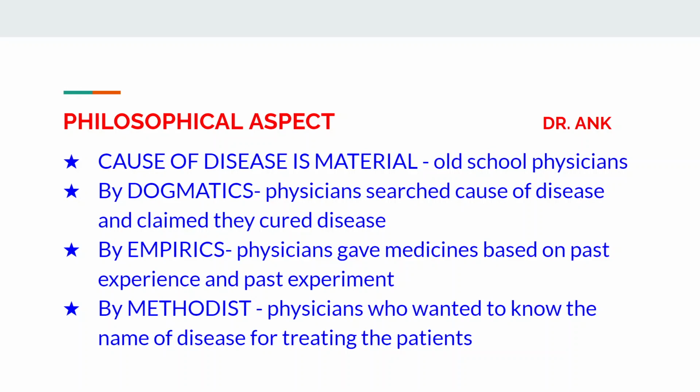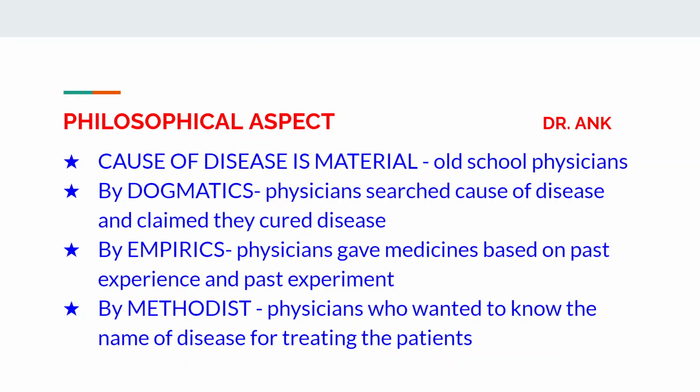Cause of disease is material. Old school physicians strongly believed that the cause of disease is material. Material means that the faulty fluids are the cause of disease. So they had thought that during fever, in these Western people who have white skin, it gets flushed and there is redness.